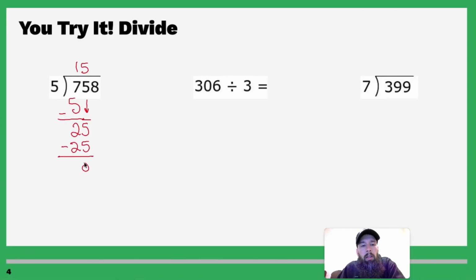Subtract. You get 0. Drop down the 8. 5 goes into 8 1 time. 1 times 5 is 5. Subtract. You get a 3. You are out of numbers, which means your answer is going to be 151, remainder 3.